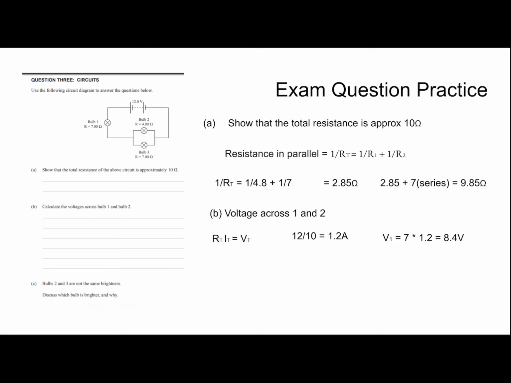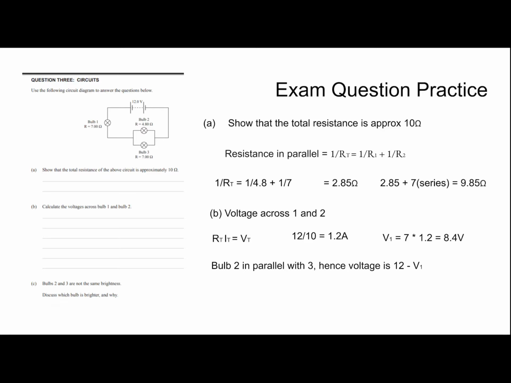Now we can use V equals IR to find the voltage used on bulb 1. The resistance of bulb 1 is 7 ohms, and the current flowing through is 1.2 amps. 1.2 times 7 equals 8.4 volts. Therefore 8.4 volts are used on bulb 1. The remaining voltage goes to the parallel circuit.